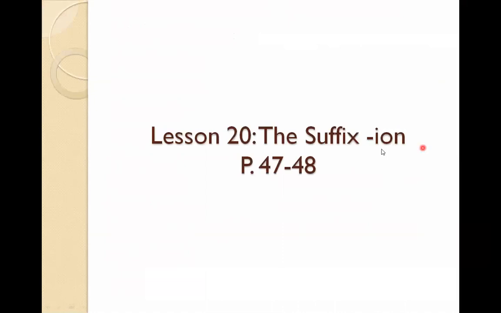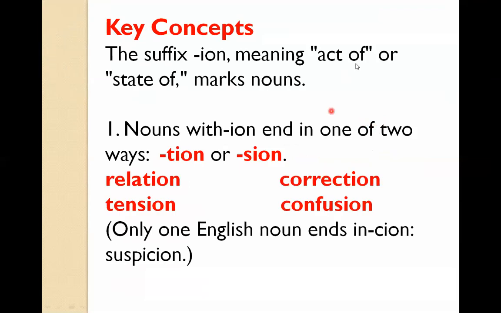Today we are talking about the suffix ION. This suffix comes at the end of nouns, so when you see any word ending in ION, you have to know that this word is a noun, and the morpheme ION means the act of or the state of.